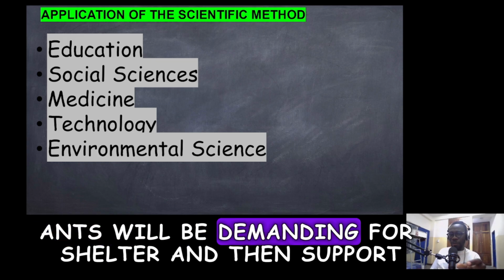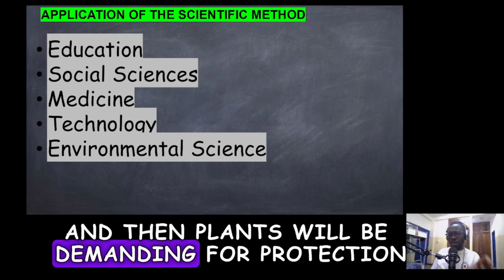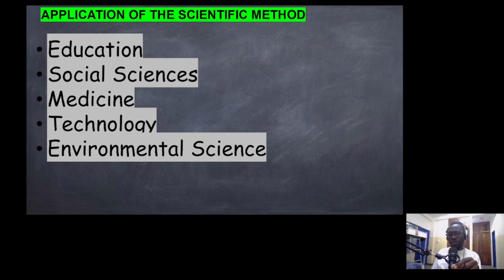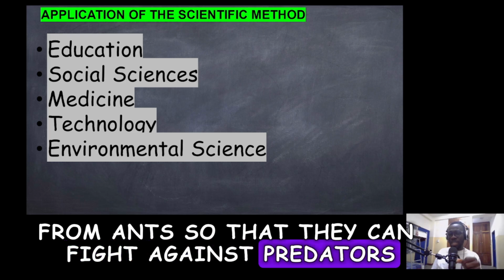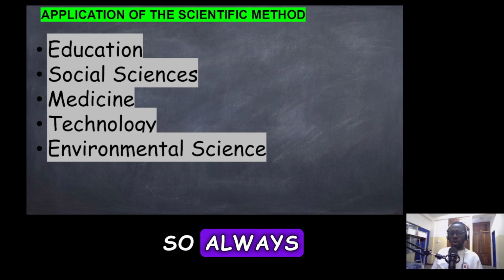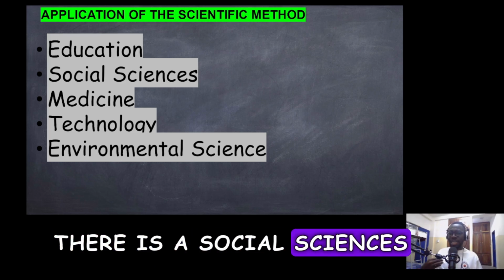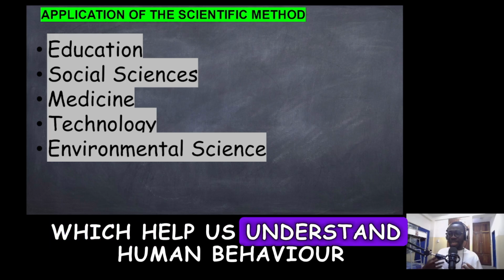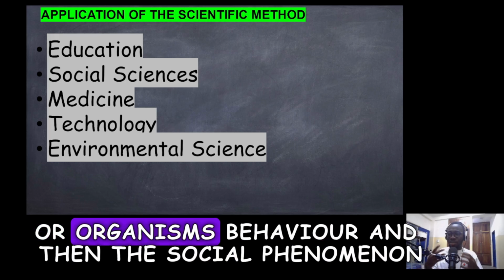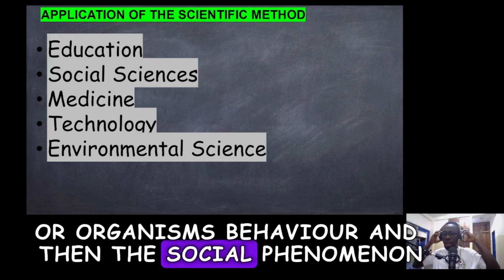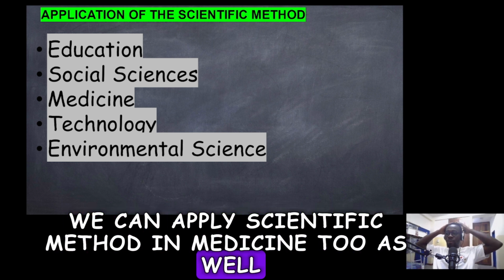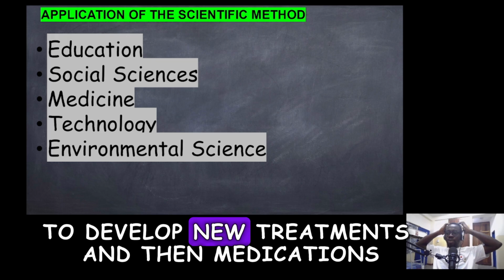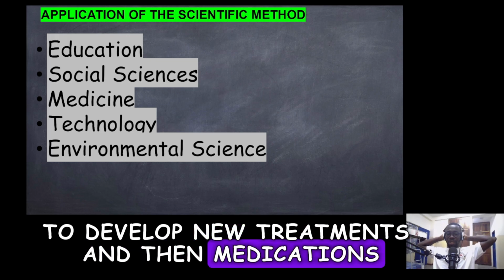Ants will be demanding shelter and support, and plants will be demanding protection from ants so that they can fight against predators. So always there are social sciences which help us understand human behavior or organisms' behavior and the social phenomenon. We can apply the scientific method in medicine as well to develop new treatments and medications.